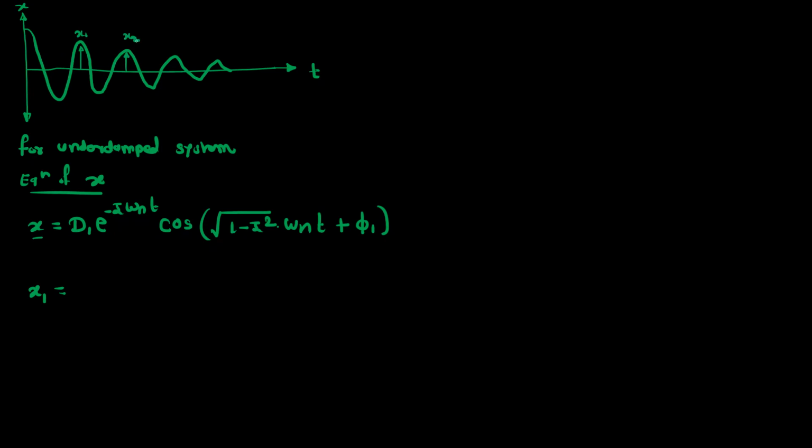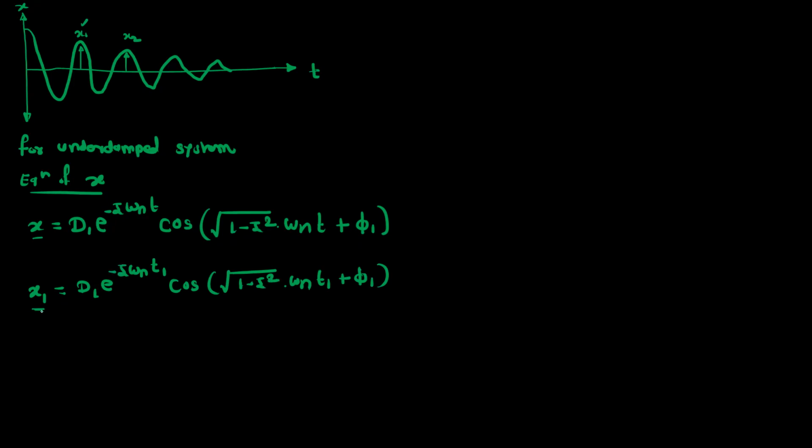For x1, we can write this equation as the constant d1 e raised to minus zeta omega n into time t1. That means if the time is t1, we will get this x1 value for the displacement. Cosine of square root of 1 minus zeta square into omega n t1 plus constant phi 1. So this is the equation for the displacement x1.